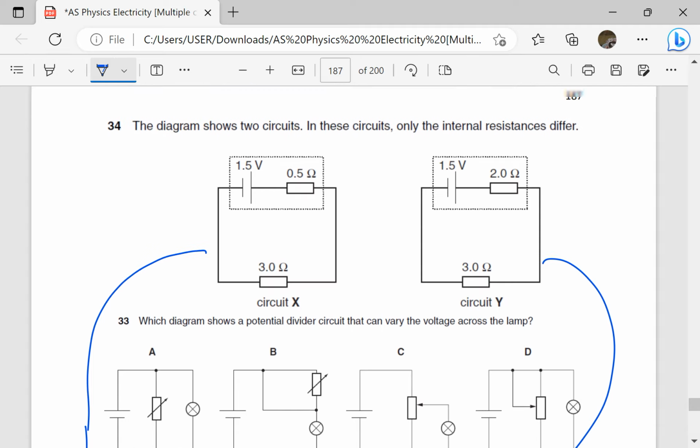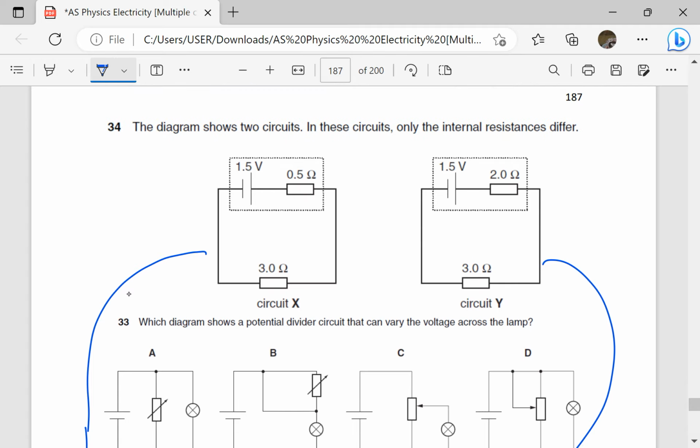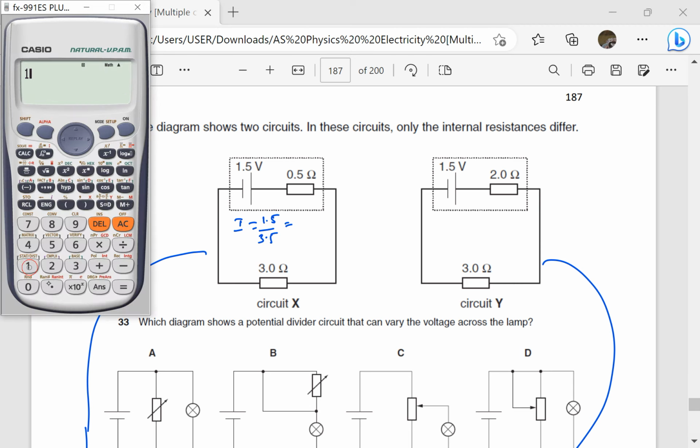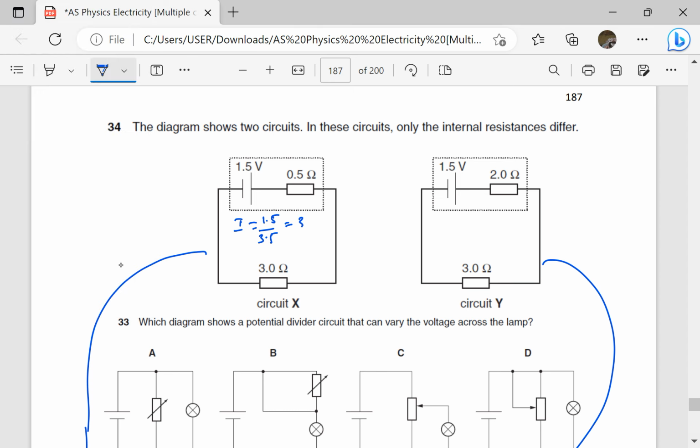Let's check. We can find the PD here by just finding the current. Here the current is going to be the EMF 1.5 over the total resistance, which is 3.5. That is 1.5 divided by 3.5, which is 3 over 7.